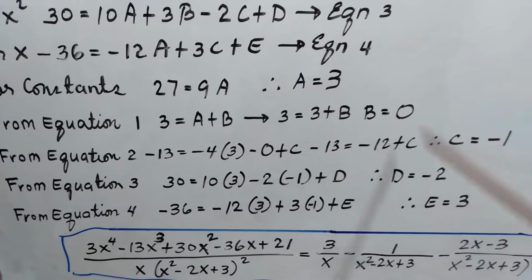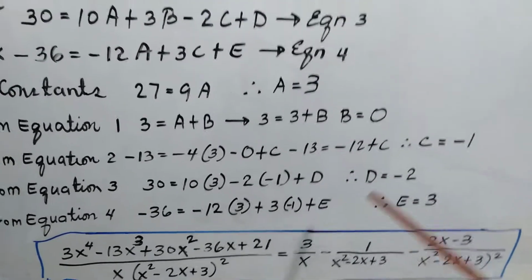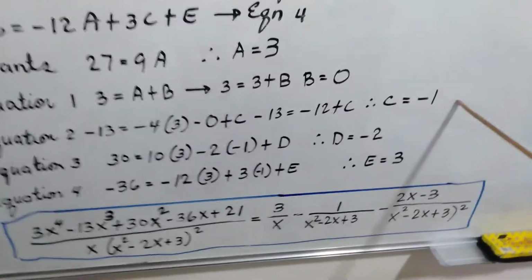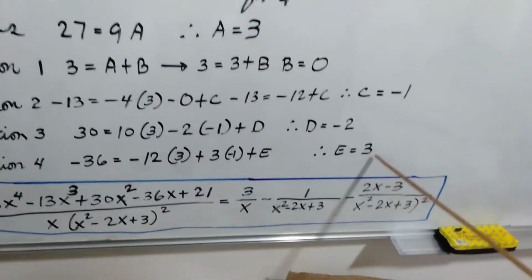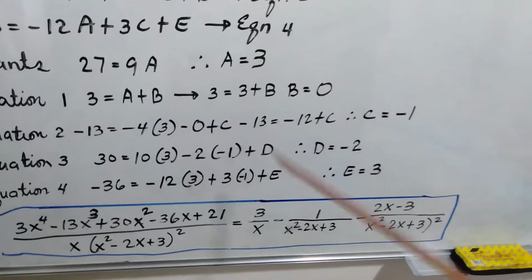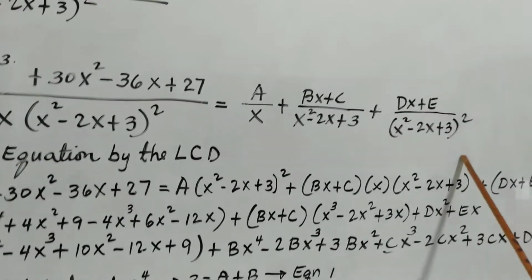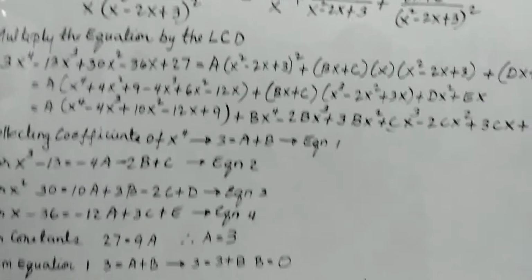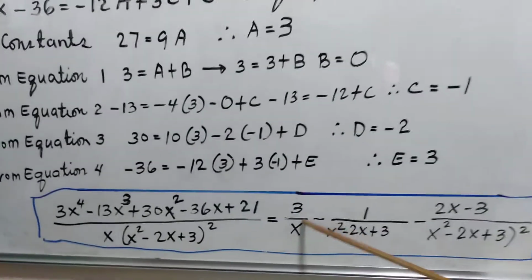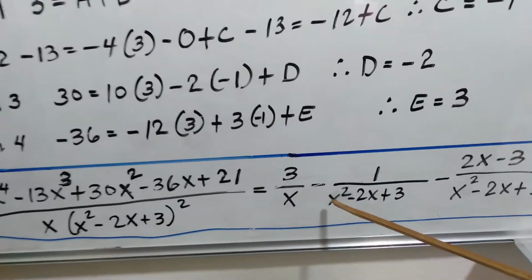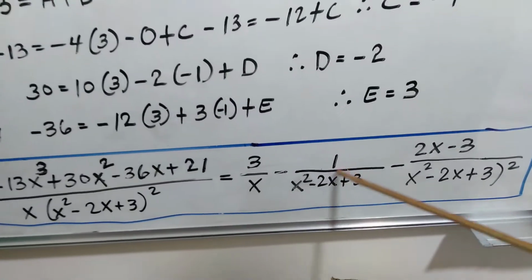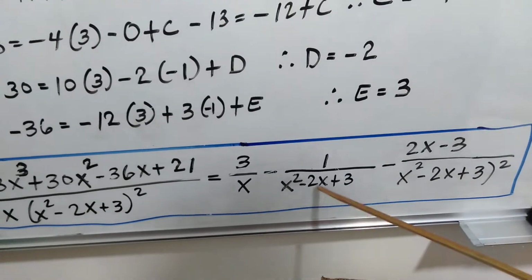So we now have these values for our variables. A is equal to 3, b is equal to 0, c is negative 1, d is negative 2, and e is 3. We just substitute all these variables into our first partial fractions, and we get the partial fractions to be 3, which is the value of a, over x, minus, since b is equal to 0, and c is negative 1, so negative 1 over x squared minus 2x plus 3.